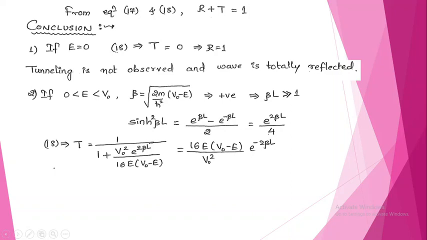So this term is dominant, so 1 is neglected. So finally it is reduced to something like this.